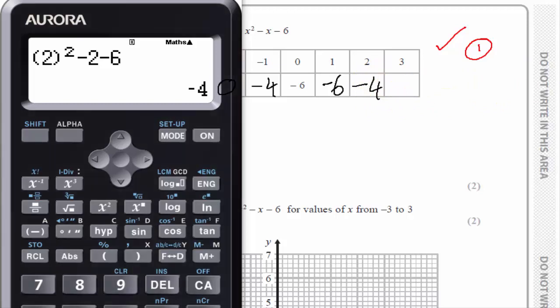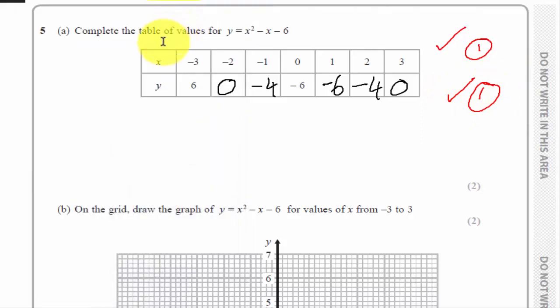And last but not least, if x is 3, then y is 0. And because they're all correct, I've got 2 marks. Moving on to part B.